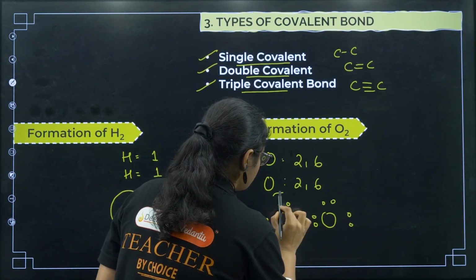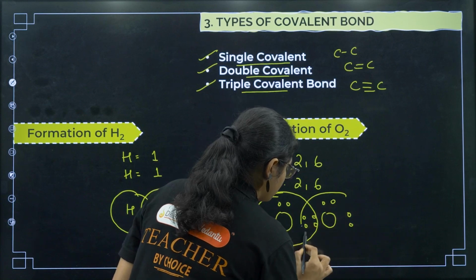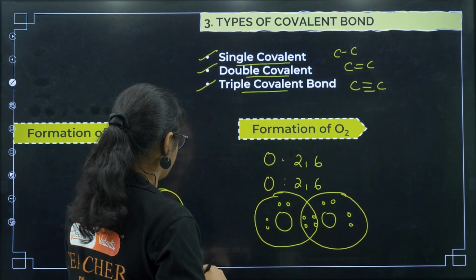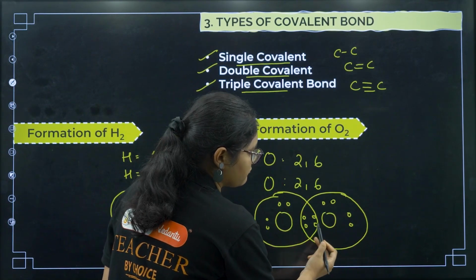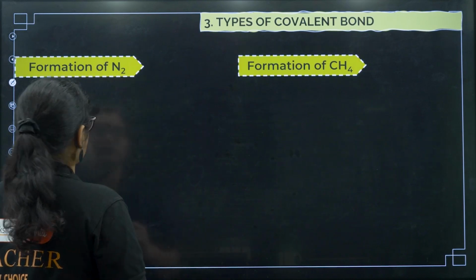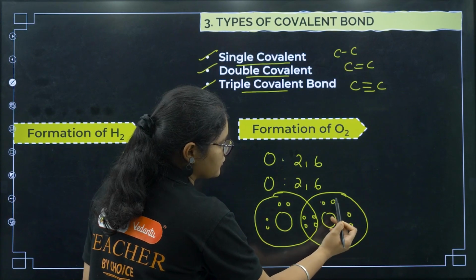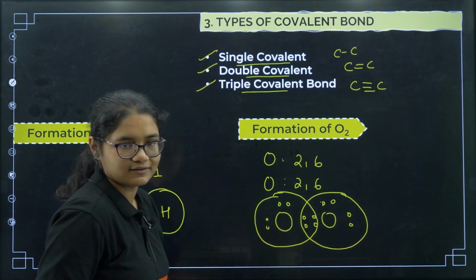Okay, so now what will happen? We'll get a bond like this and a bond like this. Okay, so you can see oxygen will form 2 bonds here, right? Next, okay, octet is satisfied, you can see 1, 2, 3, 4, 5, 6, 7, 8, and for this oxygen also 1, 2, 3, 4, 5, 6, 7, 8 satisfied.